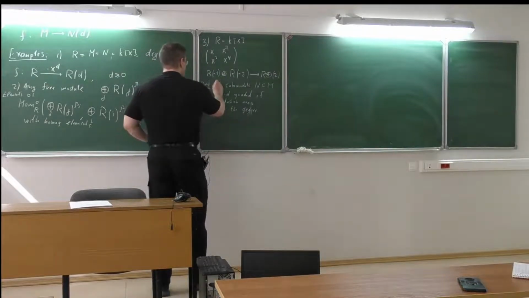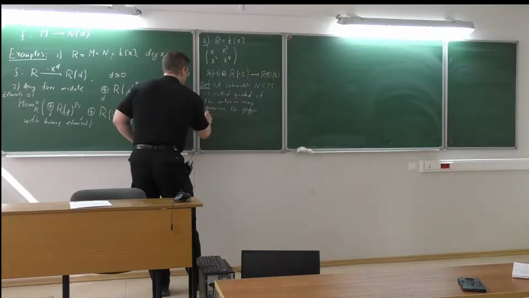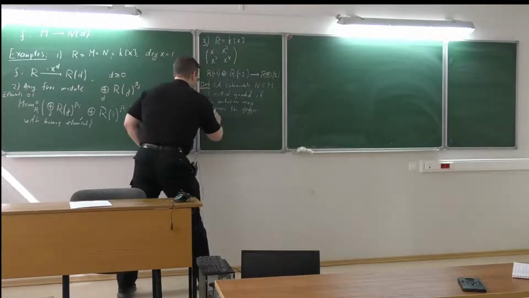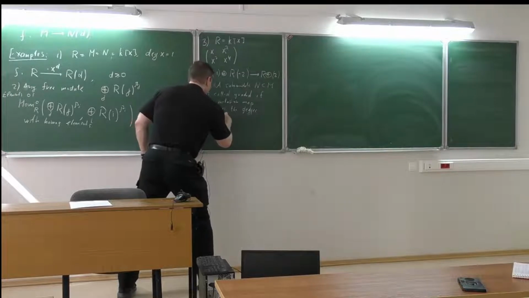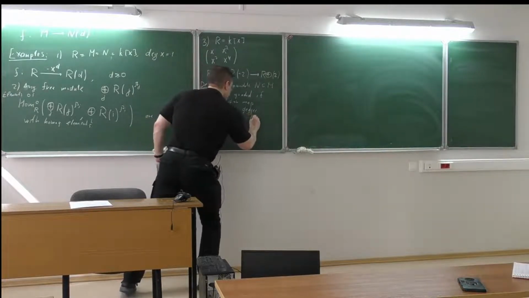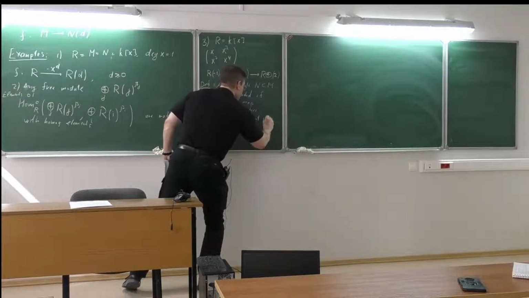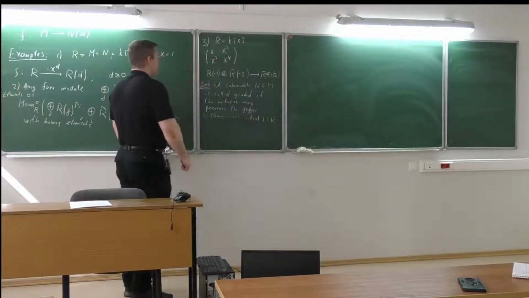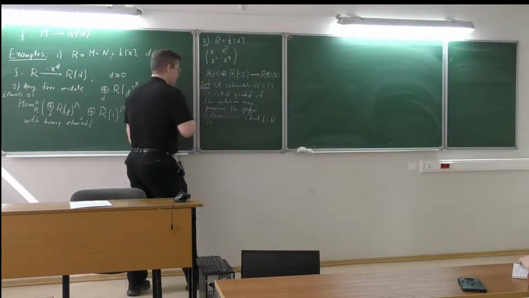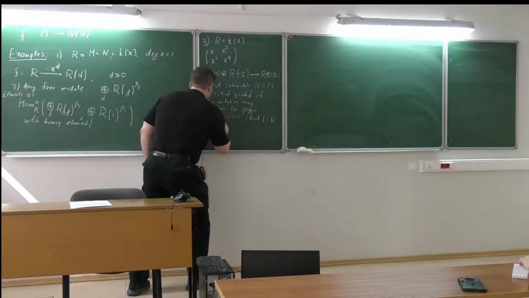This is the first part of the definition, and of course we can define a homogeneous ideal I in some graded ring R. It is a graded submodule.